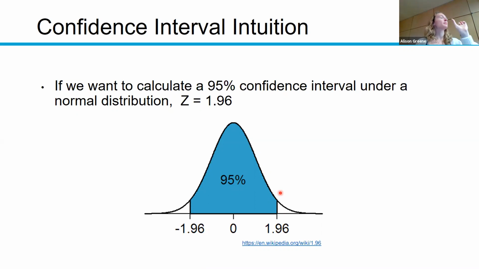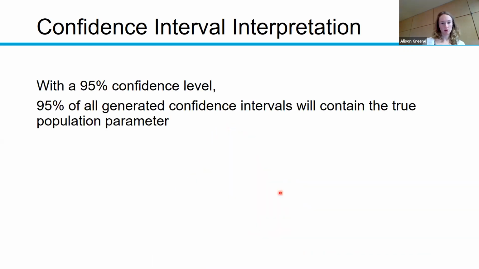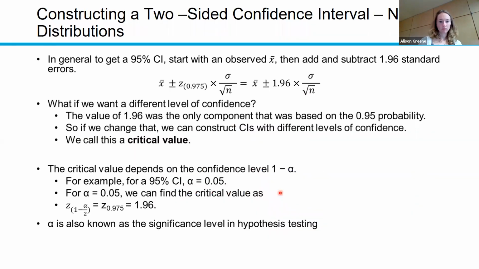And then we can just use the plus and minus of that because we know that this distribution is symmetrical. And then once you have that, you can look it up, but 1.96. And then that is going to be your critical value, your Z-score for your test statistic.